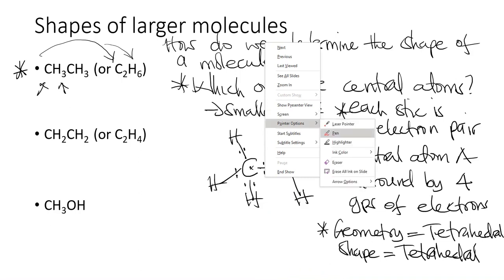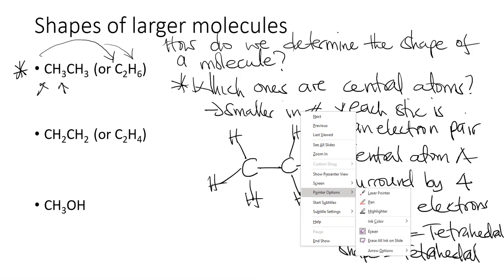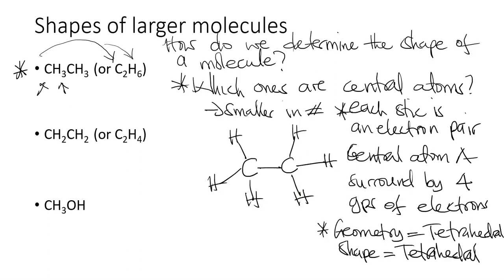In this case, the carbon here is surrounded by 4 chemical bonds. That makes the shape of carbon A tetrahedral. The same thing here, carbon B has a tetrahedral shape.